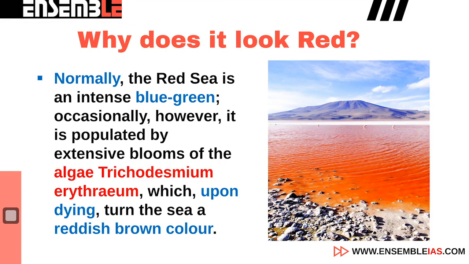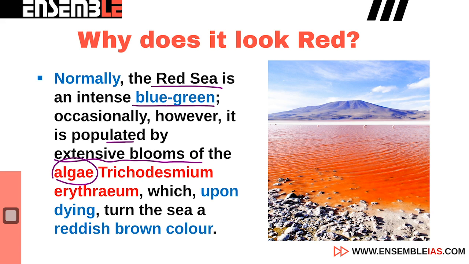Now, have you ever imagined why it looks red and why the name of the Red Sea is red? Normally, the Red Sea is an intense blue-green color, but occasionally it is populated by an extensive bloom of algae. Mind it, algae, not bacteria.